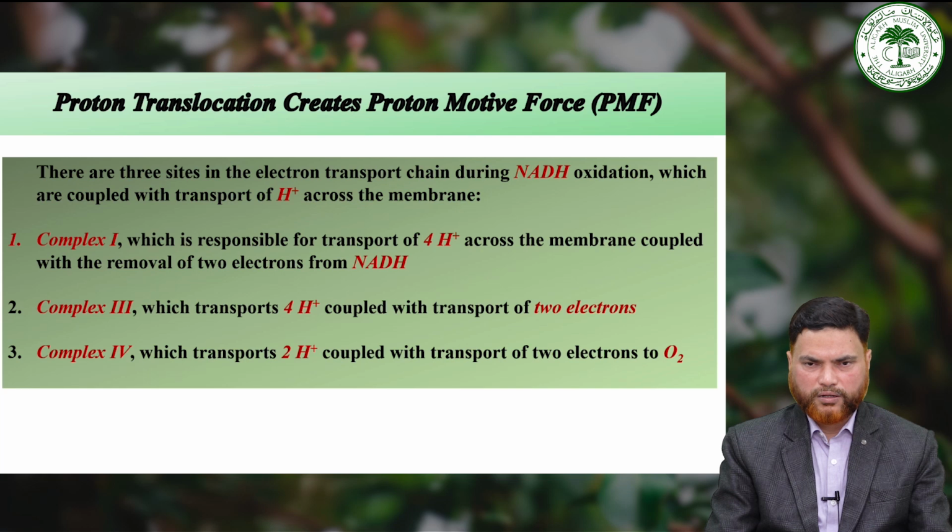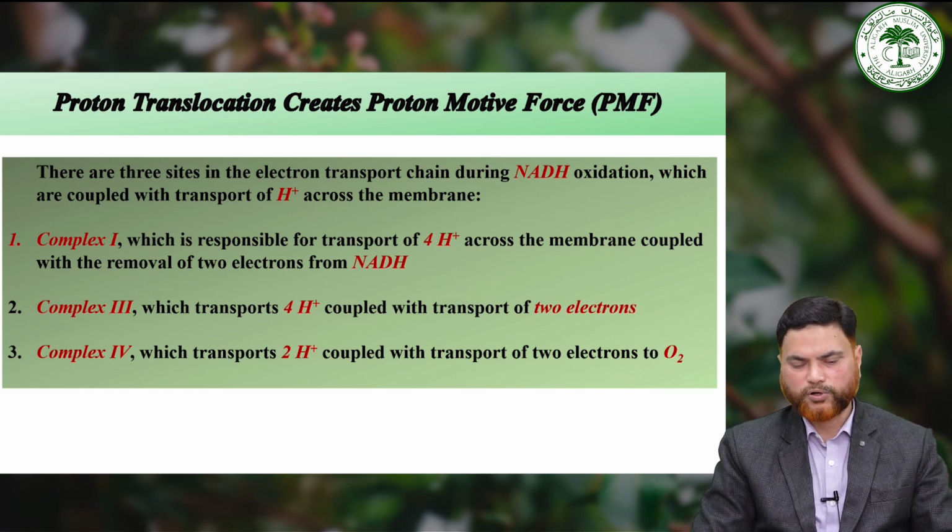The energy released during the movement of electrons is used to pump protons across the inner mitochondrial membrane, creating a proton gradient and voltage gradient. The combined proton motive force generated by these gradients is harnessed by ATP synthase to synthesize ATP, which serves as a key energy source for various cellular processes.